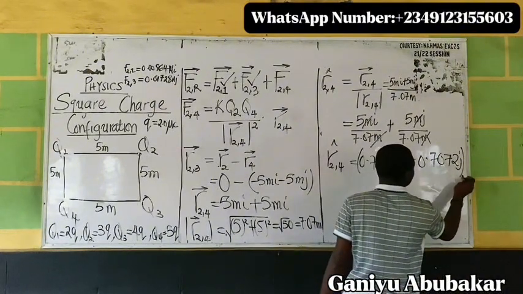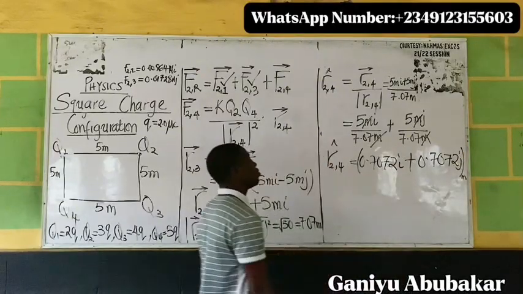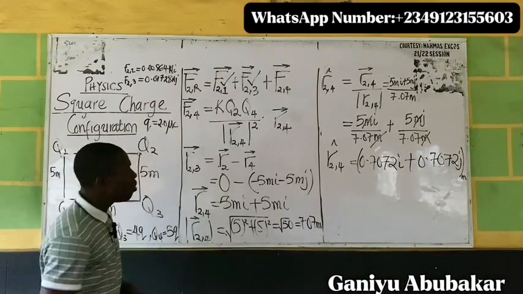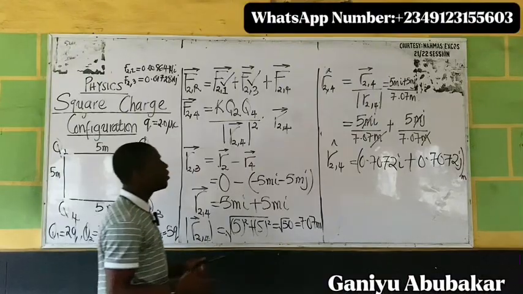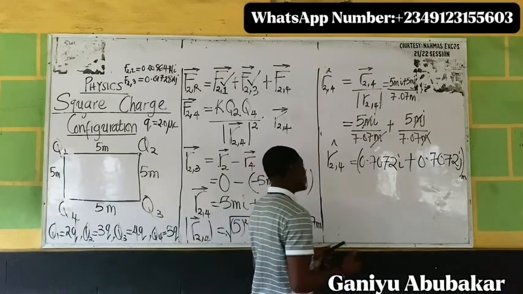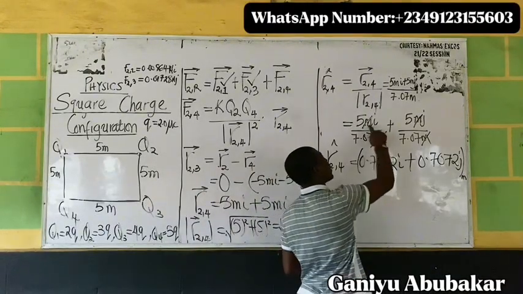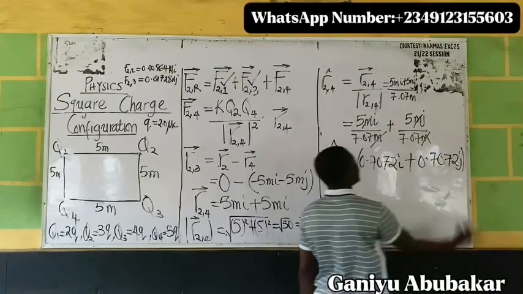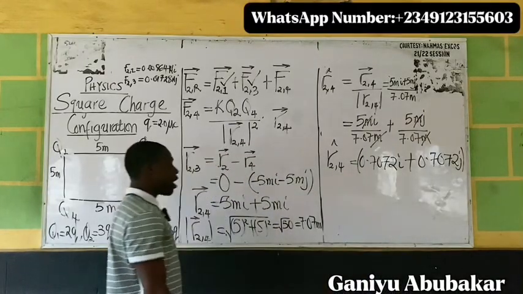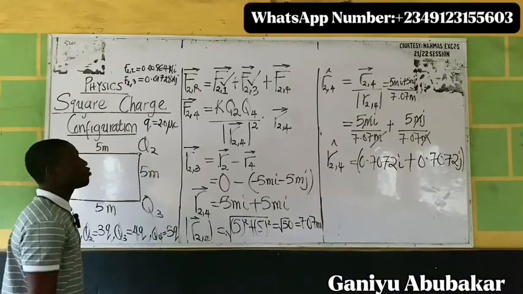That's my value. By the way, sorry, no meters, because meters cancel meters. That's the value of R24, the unit vector of R24.